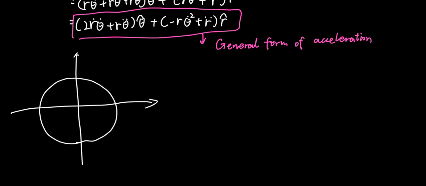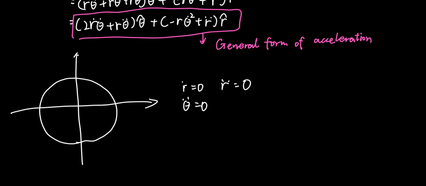In a uniform circular motion, the path traced by this point is a perfect circle, so its radius is always constant. This means that r dot is 0, and r double dot is also 0. Also, its speed is uniform, so its angular acceleration equals 0.